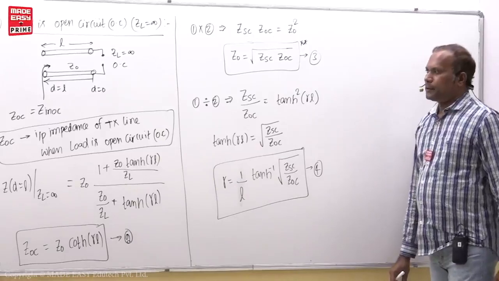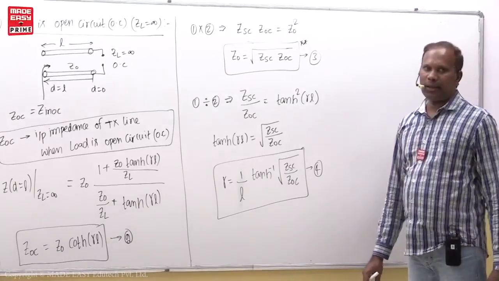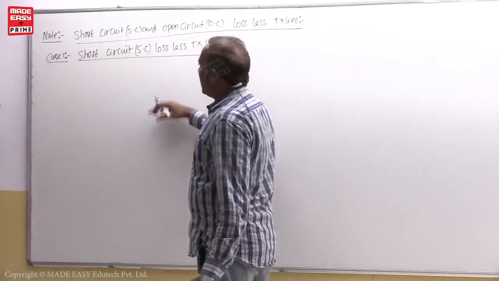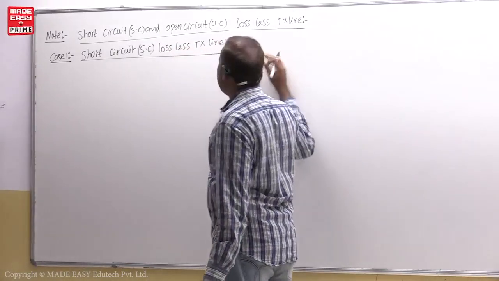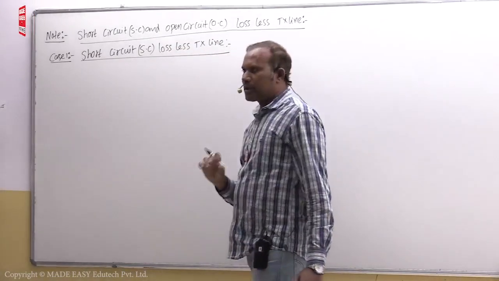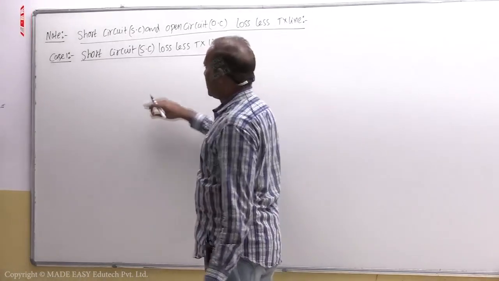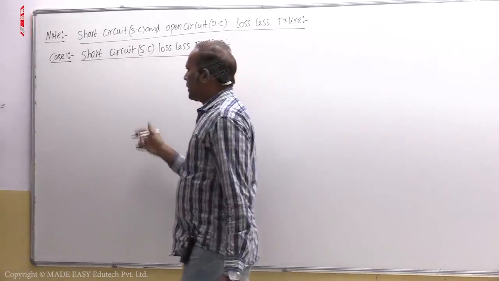Okay, so after this, we will take the lossless transmission line, then we will do the discussion. So students, now let us discuss short circuit and open circuit at the load for lossless transmission line. We have discussed till now the general transmission line. Now for lossless transmission line, first the short circuit case.